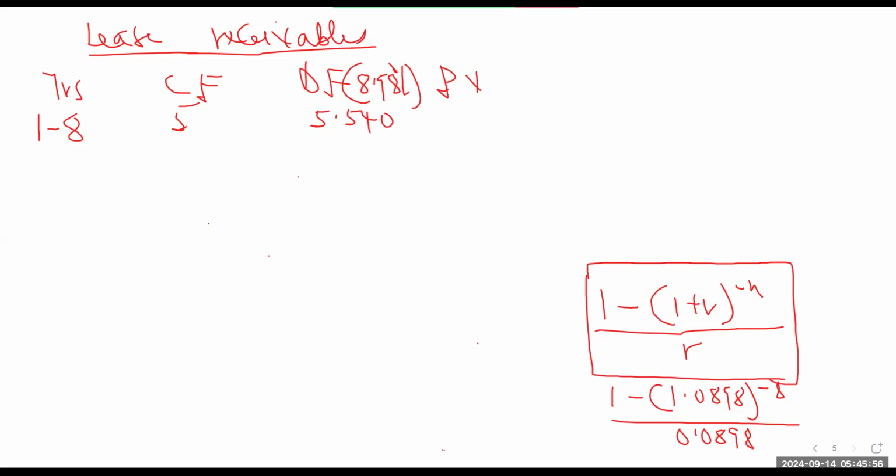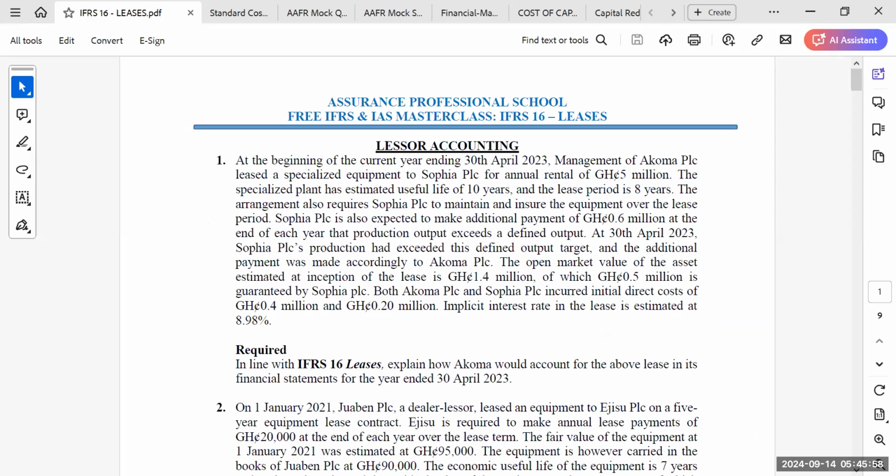Let's come to it: would there be any other payments? Would there be any other cash flow from the arrangement? Yes, the other variable payment. The variable payment, that one we don't discount. The 0.6 million, we only recognize it when the performance target has been achieved. So we only recognize it as income at the end of the year. So it will not be part of our first estimate. For the rental payment, you don't have any choice, you are going to be paying.